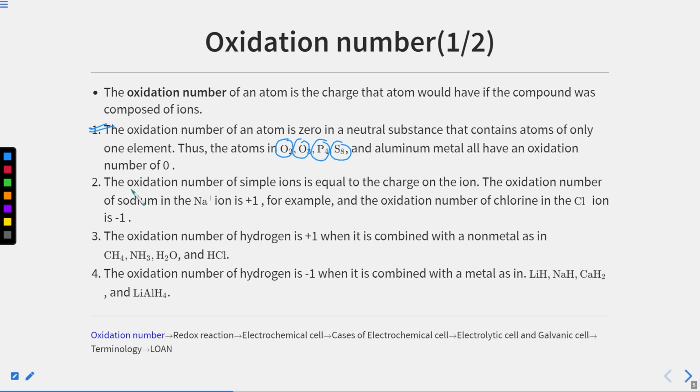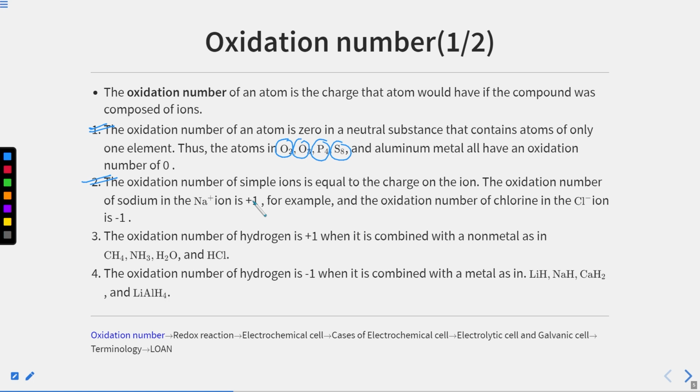Next, the second point. The second point says that the oxidation number of simpler ions is equal to the charge on the ions. What does it say? Suppose we are taking a compound which is made up of ions. In that case, the oxidation number will be the charge on that ion respectively. Suppose we are taking an example of NaCl.